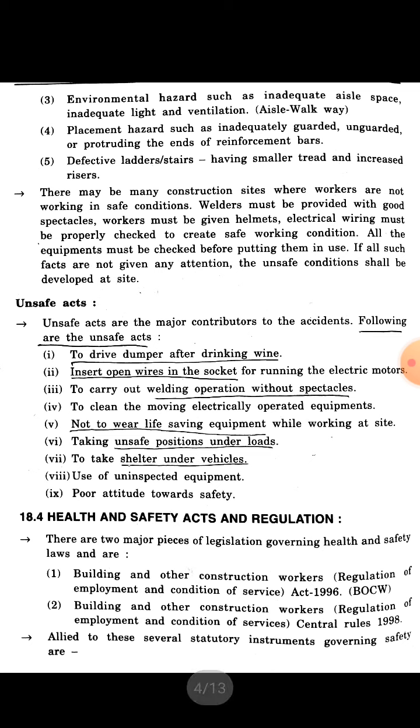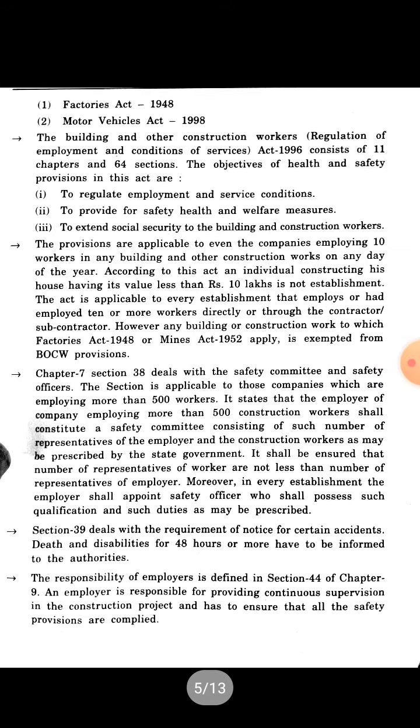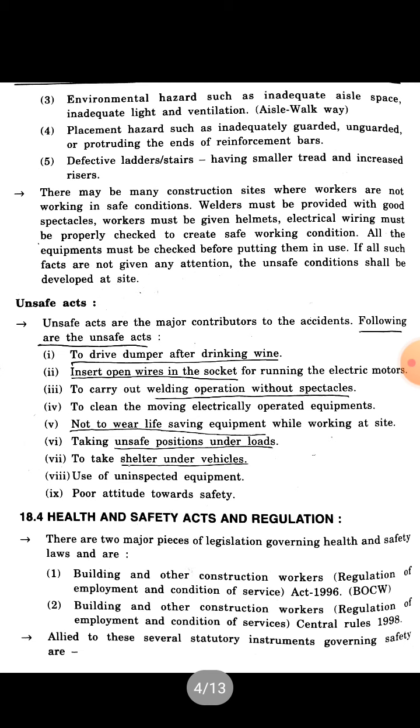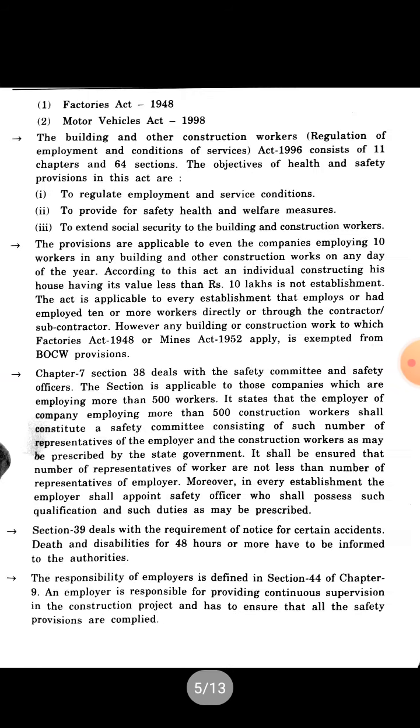Allied to these, several statutory instruments governing safety are the Factories Act 1948 and the Motor Vehicles Act 1988. These are the different acts for health and safety acts and regulations.